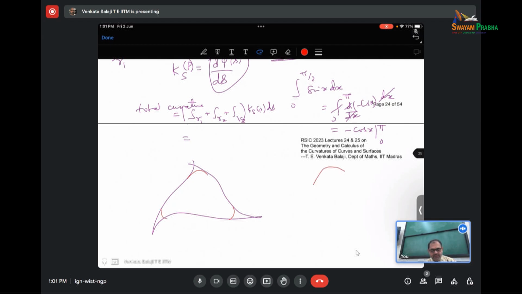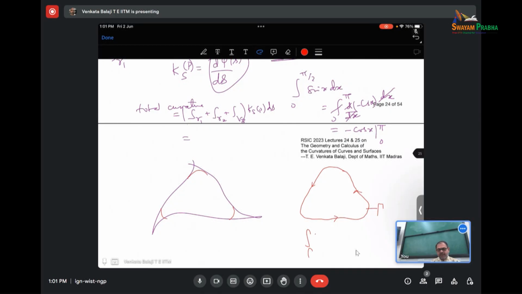Then my new curve will be like this. Now, if you take a curve like this, which is a smooth, closed, simple curve, suppose I call it capital gamma, what is the integral over gamma of k_sp ds? What is it going to be?